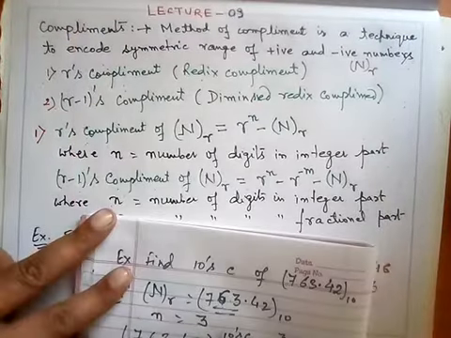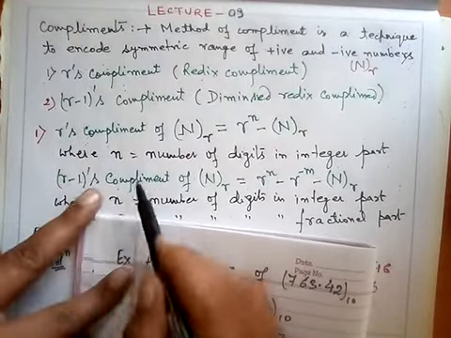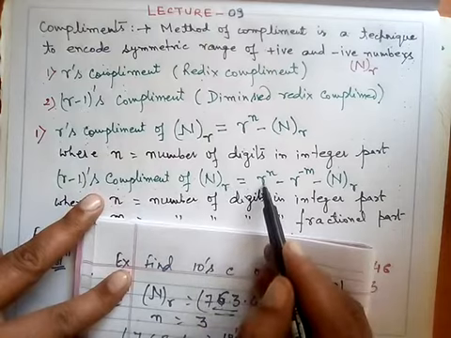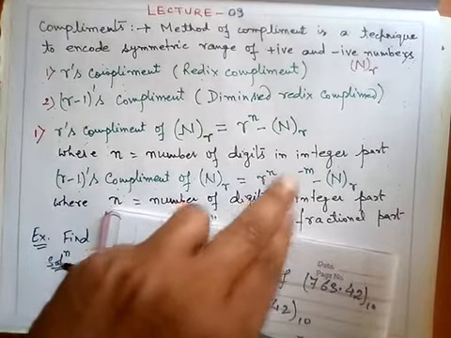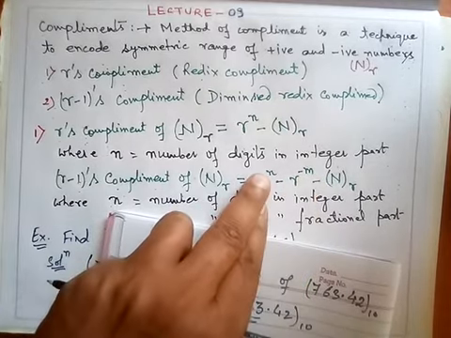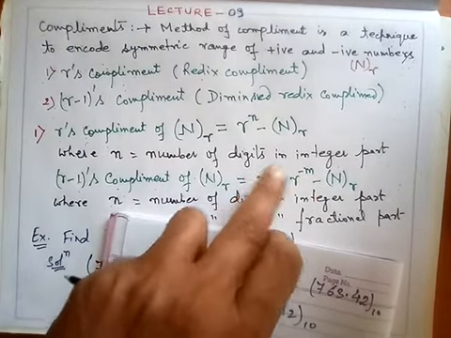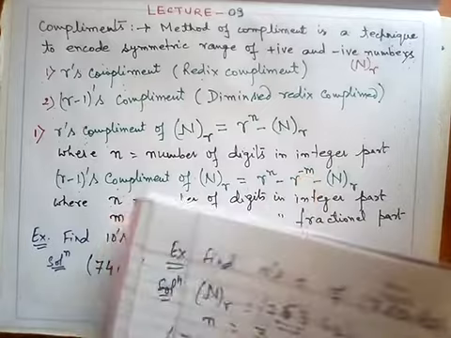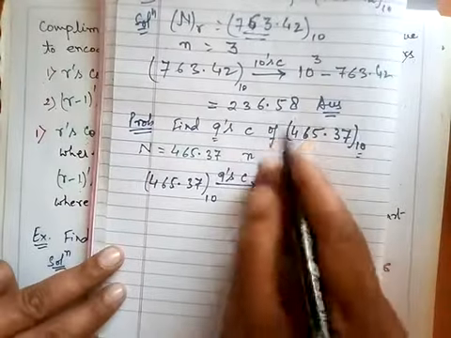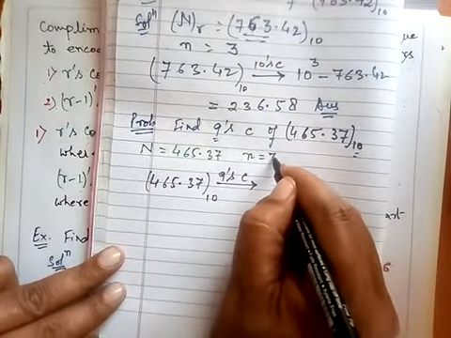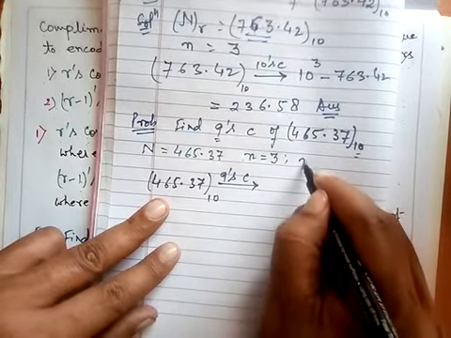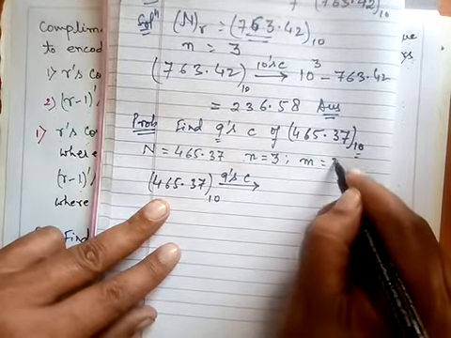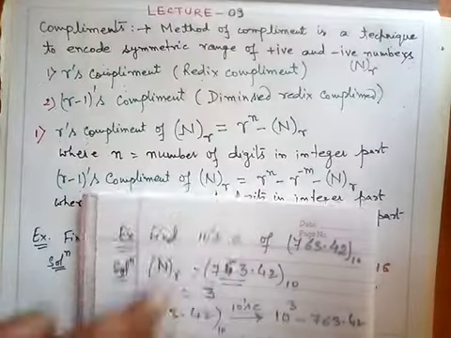If you look at the formula, r minus 1's complement is r to the power n minus r to the power minus m minus the number. So I need this n and m. N is the number of digits in the integer part and m is the number of digits in the fractional part. So the number of digits in the integer part is 3 and the number of digits in the fractional part, that is m, is 2.